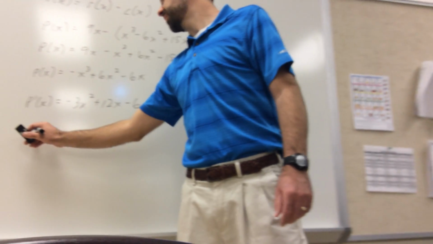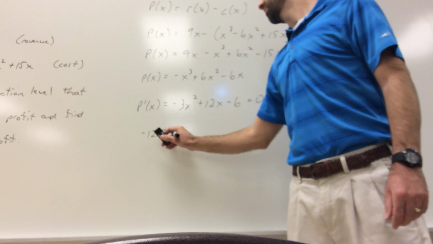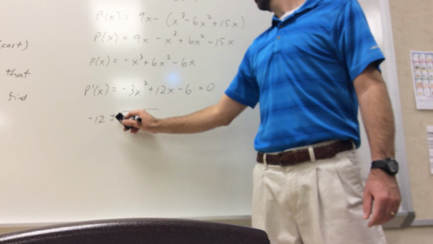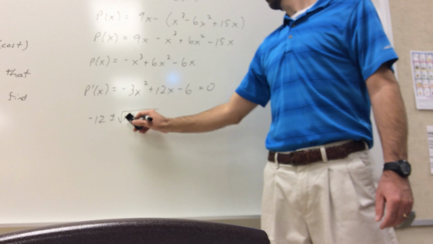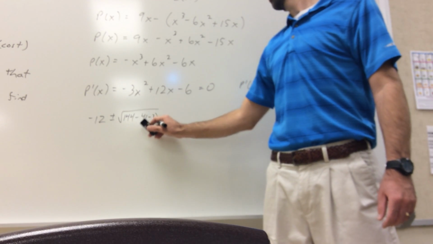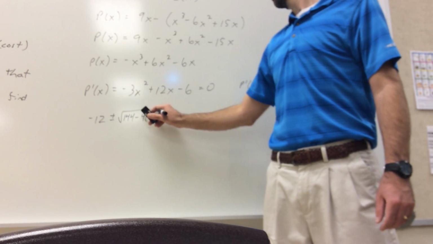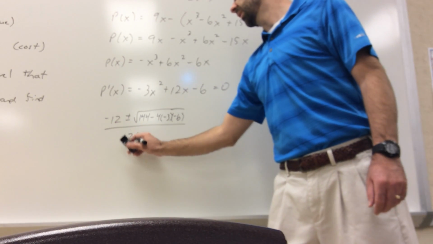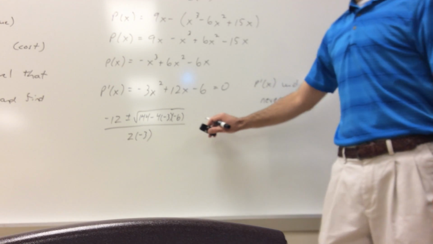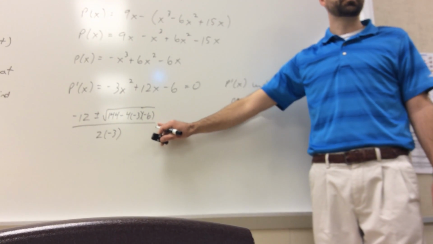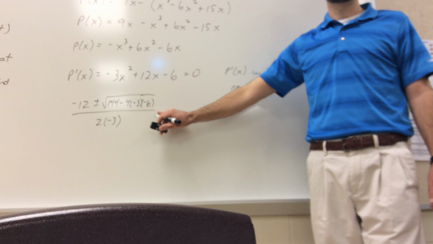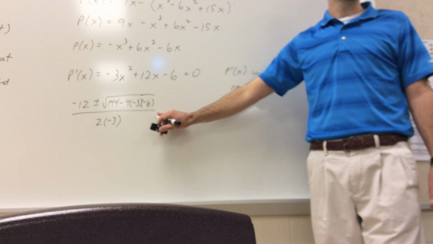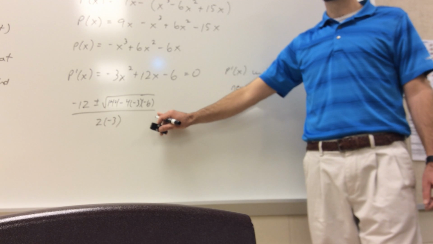Okay, so that's the opposite of b, plus or minus the square root of b squared minus 4ac, all over 2a. So it might be a long time since you used that quadratic formula, but that's how it works out.